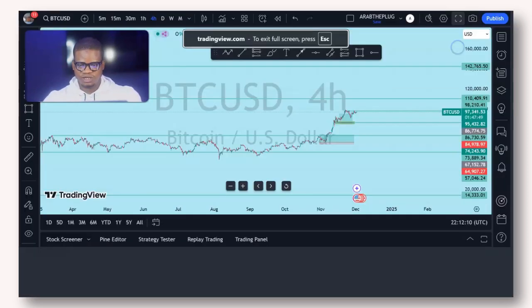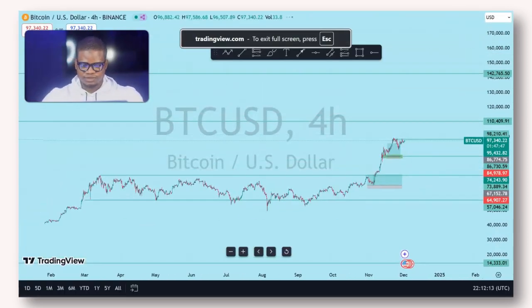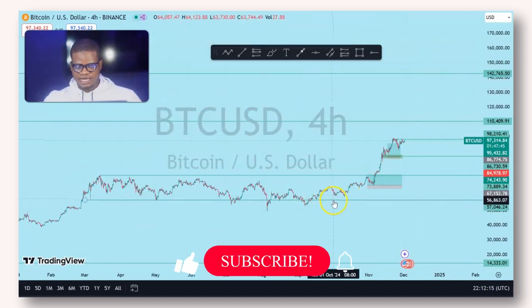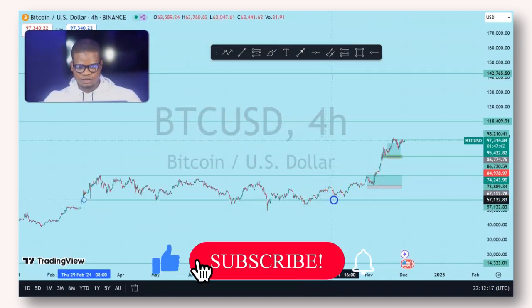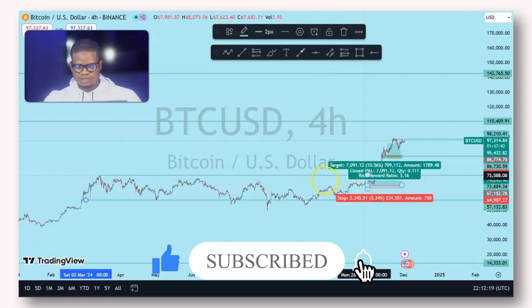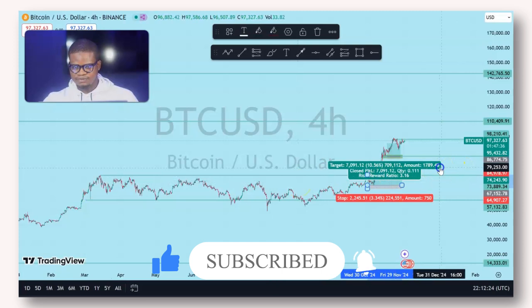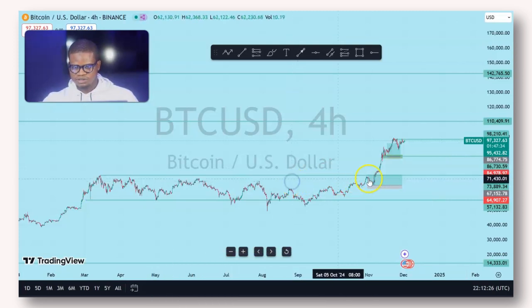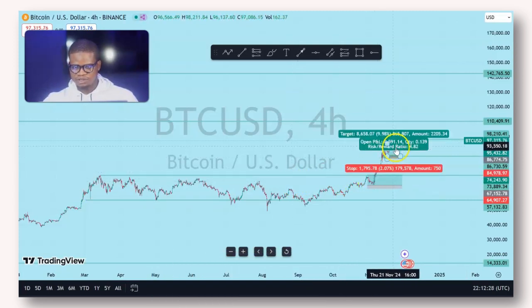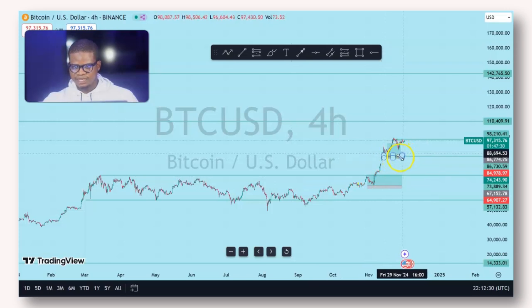You can see I have an area here which is like a support. This is another area which is a resistance which was broken at this particular point. This resistance was broken at this particular point. Then this is another area, and this is another area that needs to be broken.